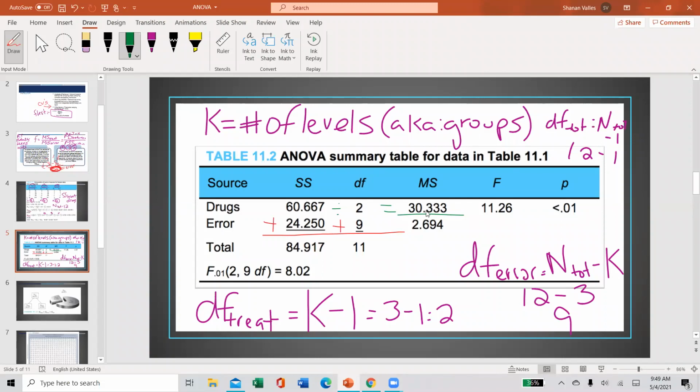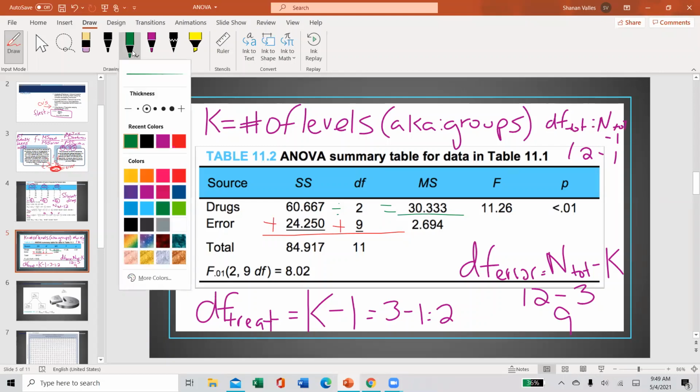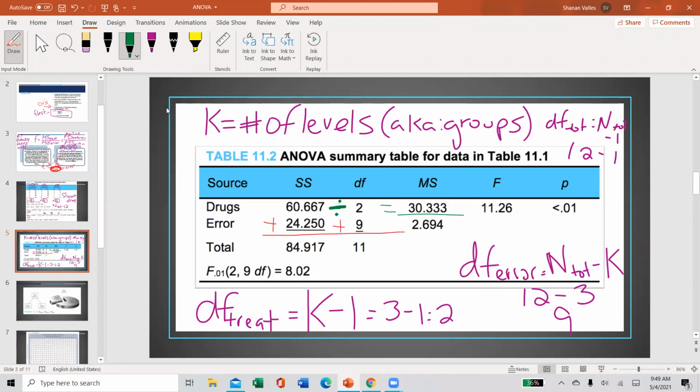So SS treat divided by degrees of freedom treat will equal MS treat.